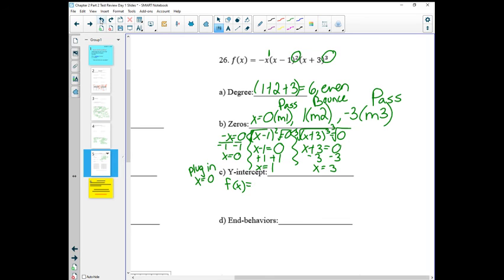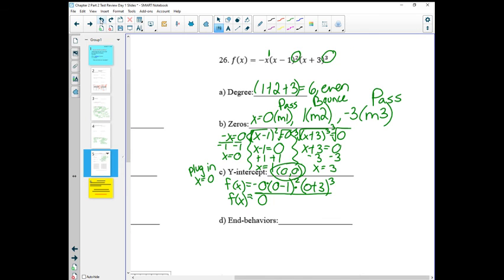So, negative 0 times 0 minus 1 squared times 0 plus 3 to the third. You'll notice here that since 0 is in the front, and I'm multiplying every other factor together, this just makes 0, right? 0 times anything is still 0. So that's our y-intercept, 0, 0.